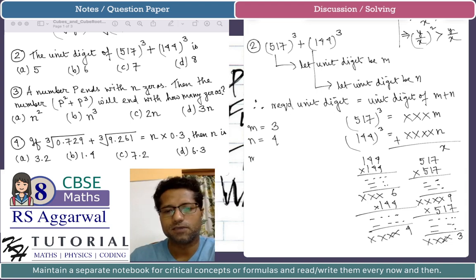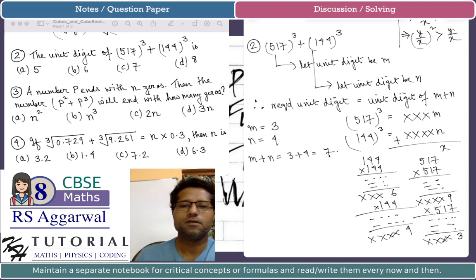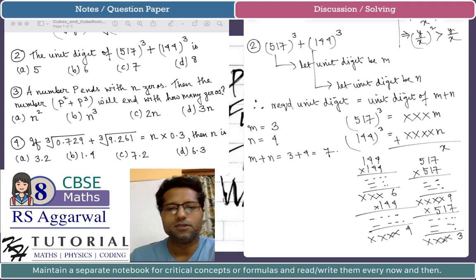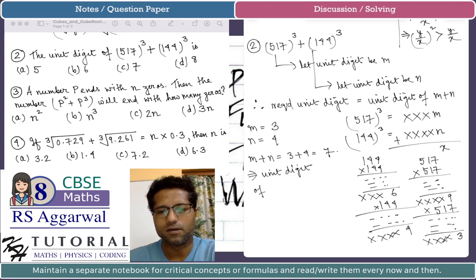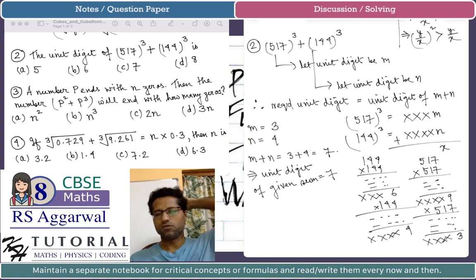Now m plus n is equal to 3 plus 4, which is equal to 7. Hence 7. So this implies the unit digit of the given sum is equal to 7. So the correct choice is C.